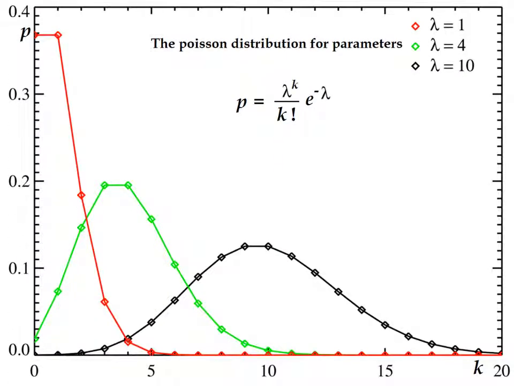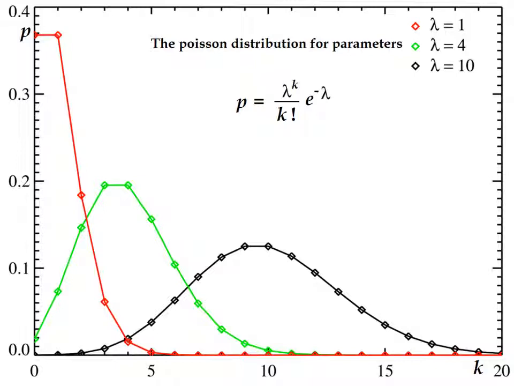Here is a graphical representation of the Poisson distribution for 3 different parameters of lambda. For lambda equals 1, we have this, and keeping in mind the fact that the Poisson distribution is for discrete random variables, k.